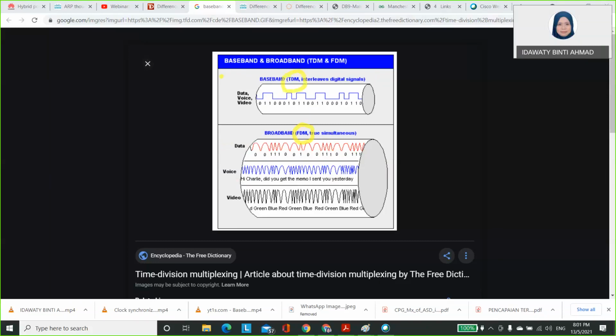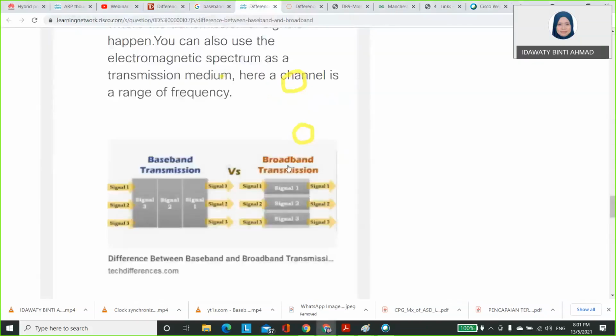I guess you have already learned this in datacom, but let me share an example. This is a different way of representing baseband and broadband.